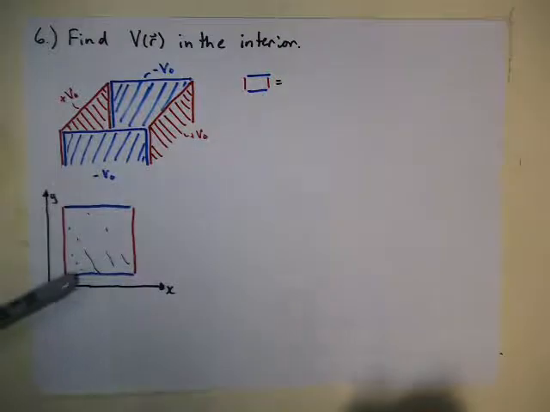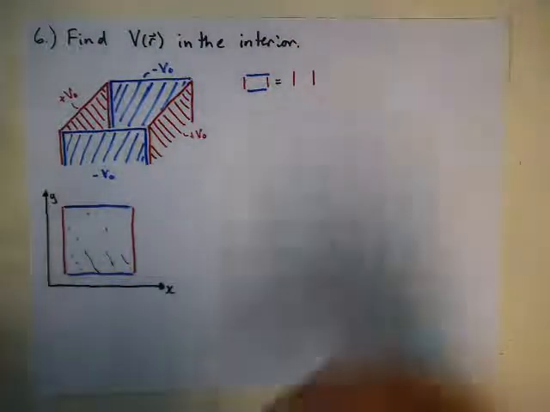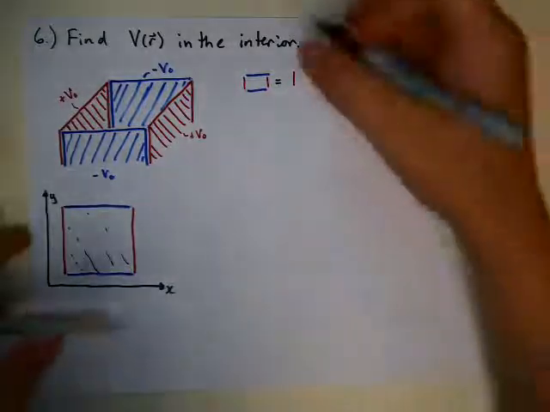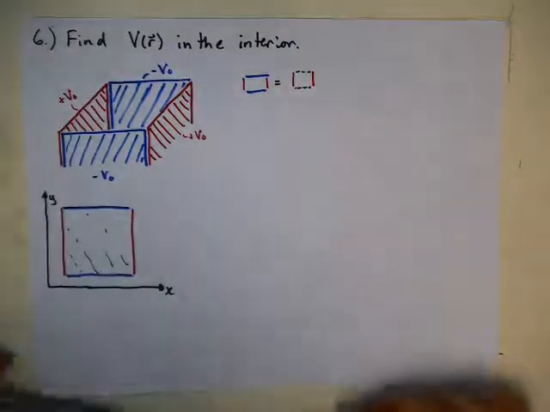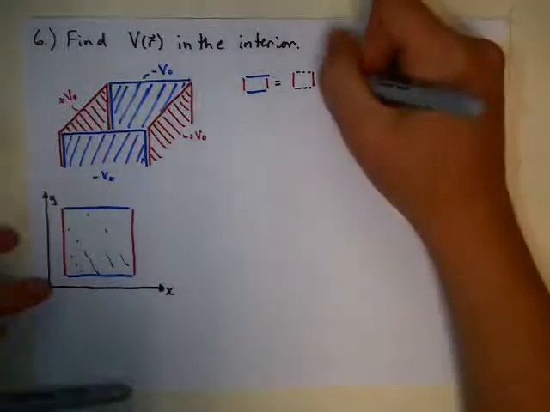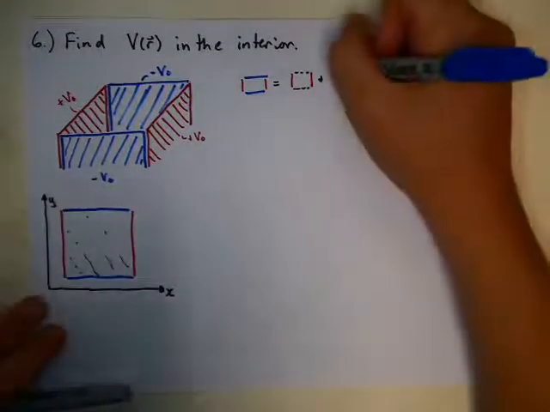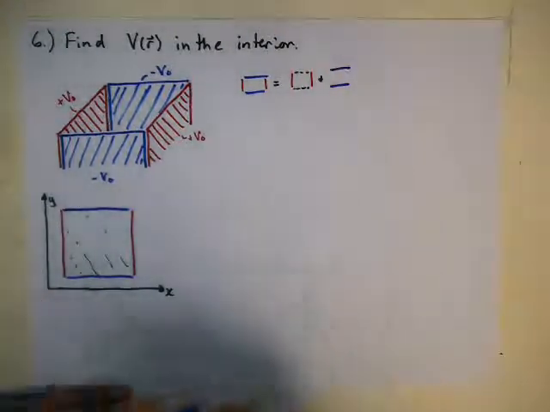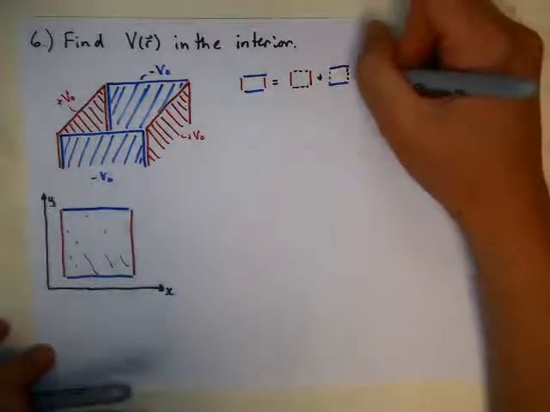We're going to use the superposition principle and say this can be written as looking only at something with two sides at positive V naught, and then add to that the two sides at negative V naught.